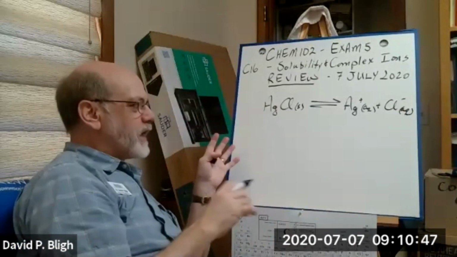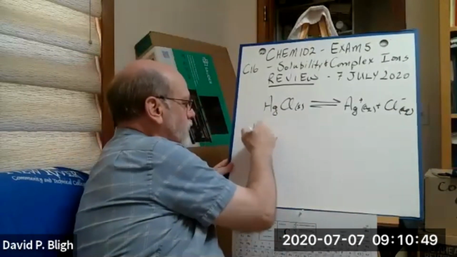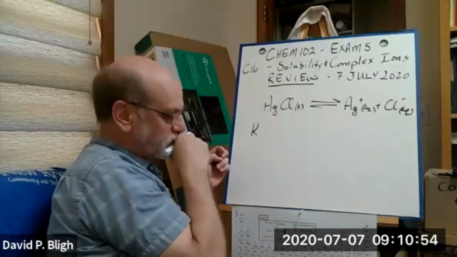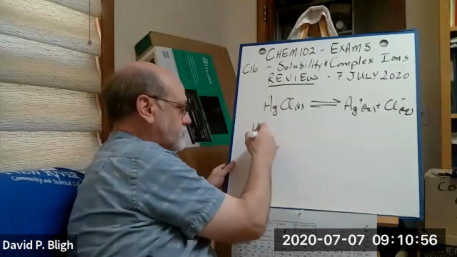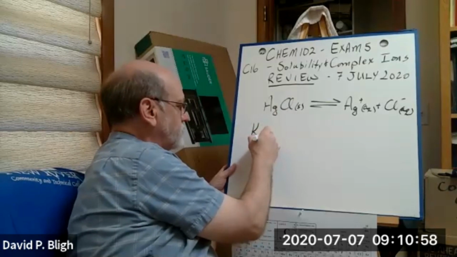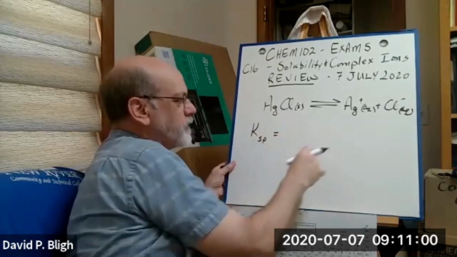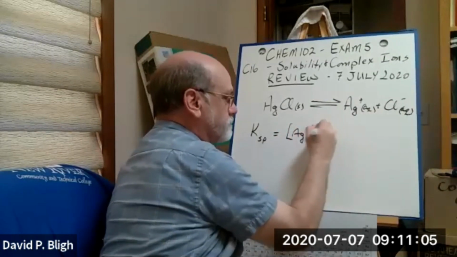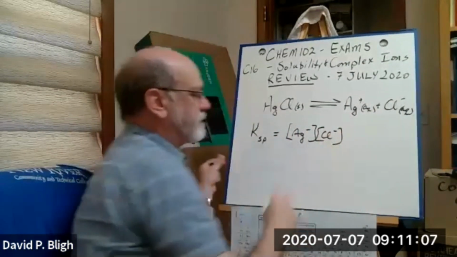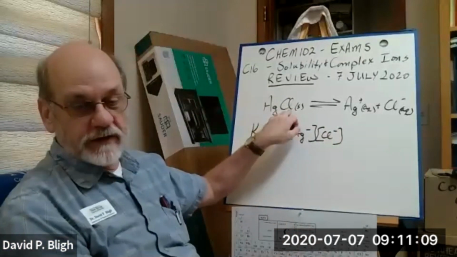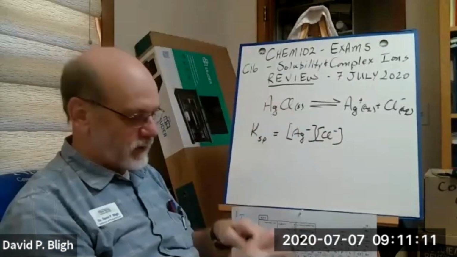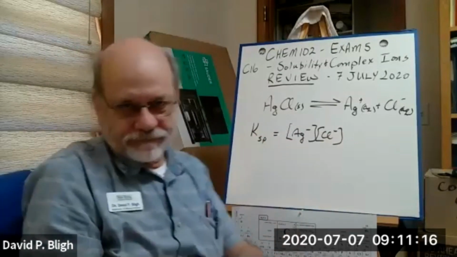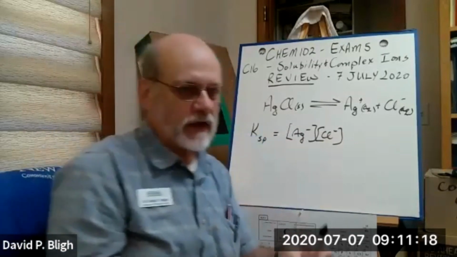So then our expression for the equilibrium constant for this reaction would be just these two concentrations times one another. Because solids are never part of the equilibrium expression. So that's why we call it solubility product. Okay, now we can go to some problems.